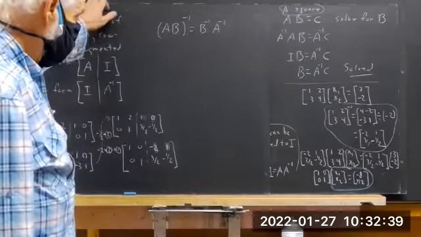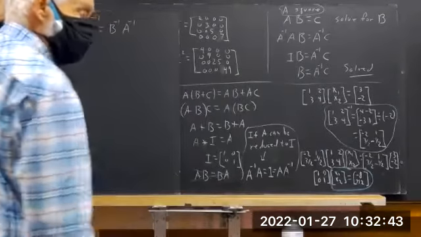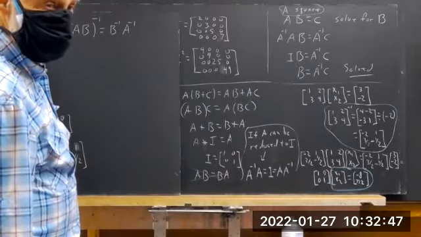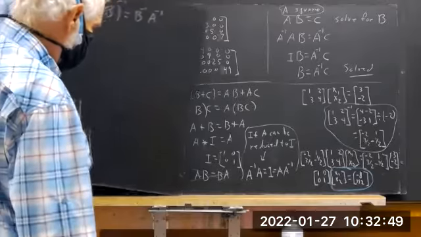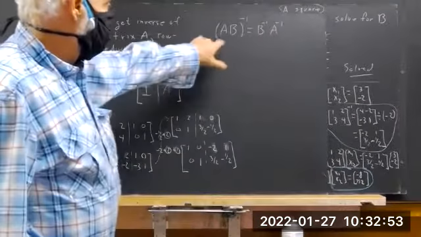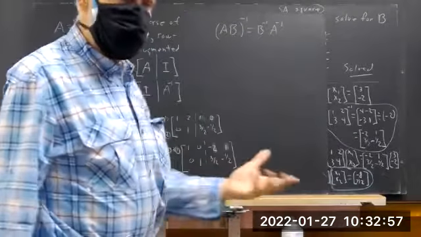Now remember that AB equals BA is only true for a fairly rare class of matrices. So there's no reason necessarily you should expect this, but let's see why this is.